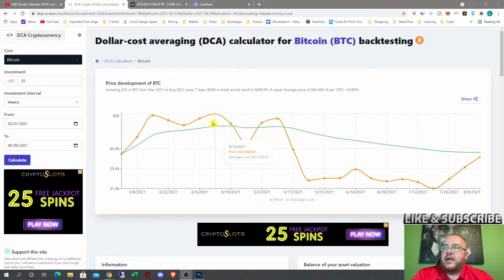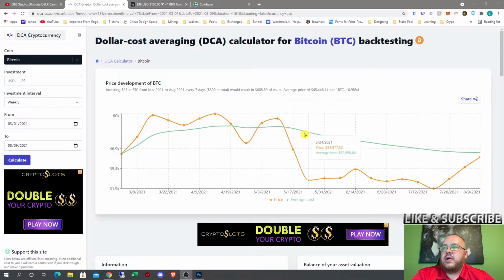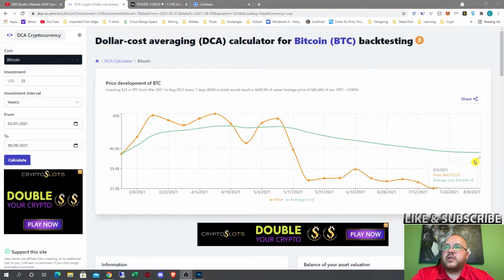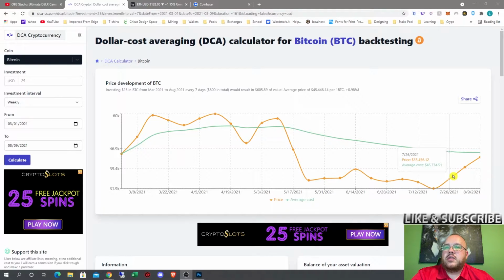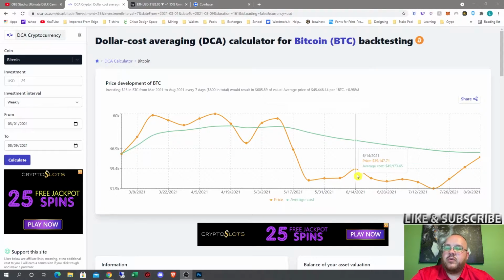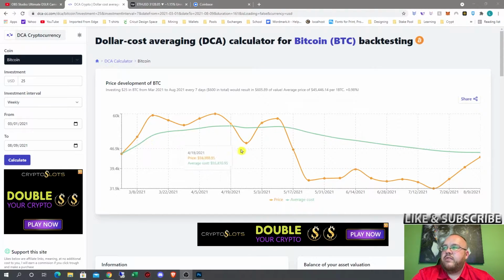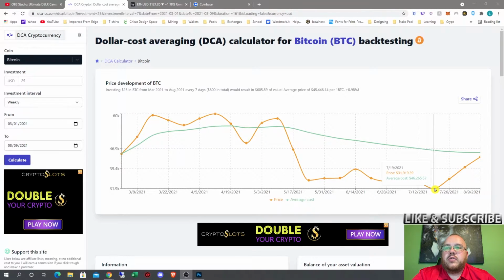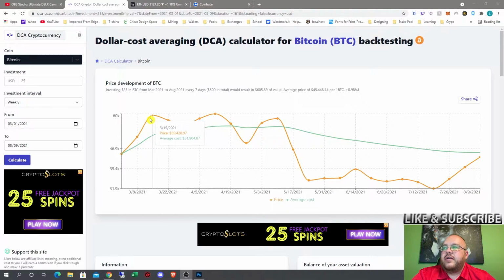So you're buying low and you're buying high, but your average price right now, you would be up 1%. So the price of Bitcoin is 1% higher than what your average price would have been. And that's buying it 24 times over the last 4 months, or what is that, 6 months. So you bought as low as 31,000 and as high as 59,000.